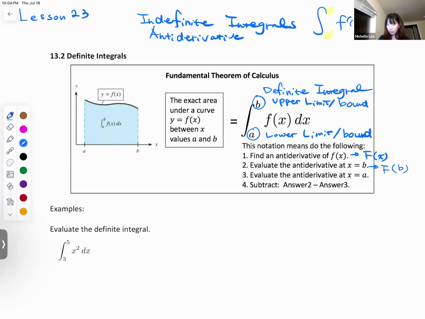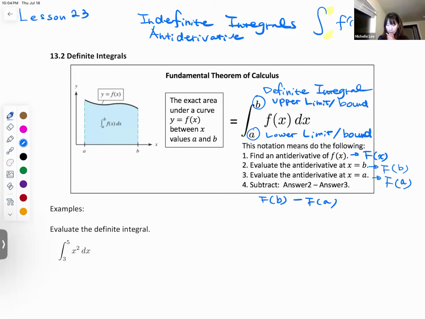Number 3, evaluate the antiderivative at x equal to a, which is F of a. Then subtract answer 2 minus answer 3. That means F of b minus F of a. Uppercase F means the antiderivative of f of x.